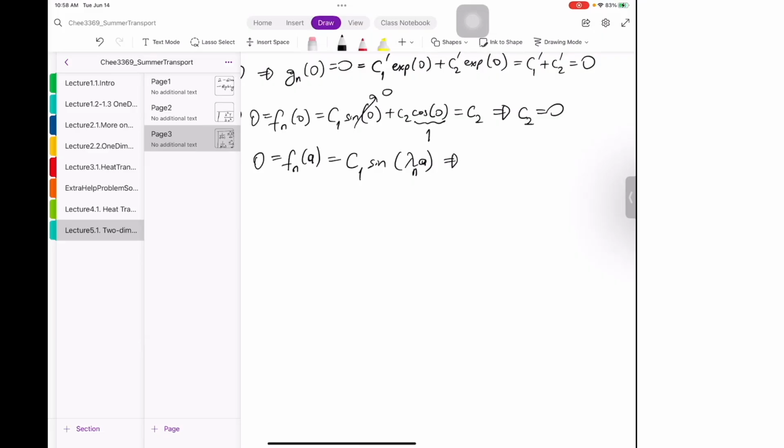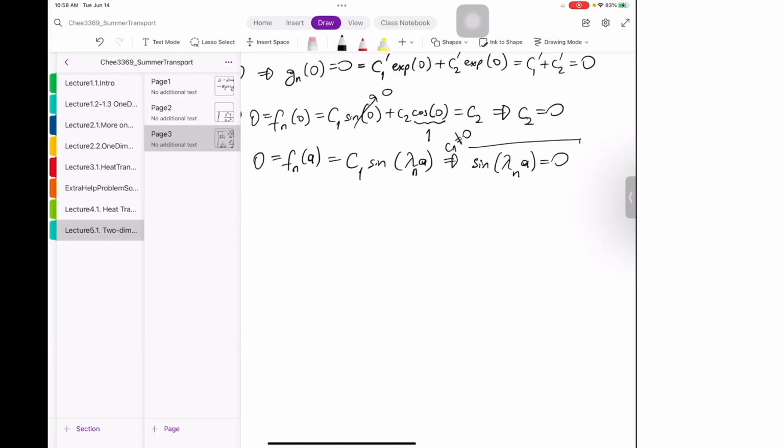We know that C1 cannot be 0, because if it were 0, it would be a trivial solution, because already C2 is 0. So if C1 is also 0, the f of x would be 0, which would not make sense for our case. It would not be two-dimensional. So this means that sine of lambda_n a is 0.